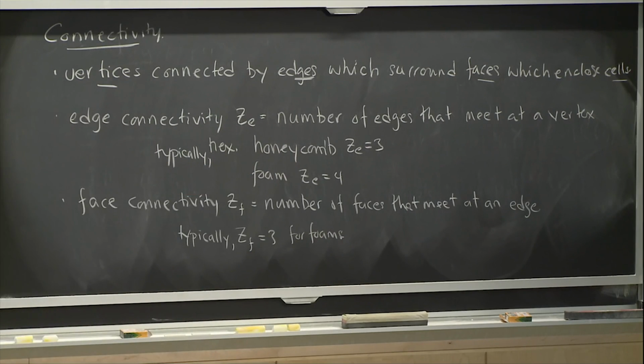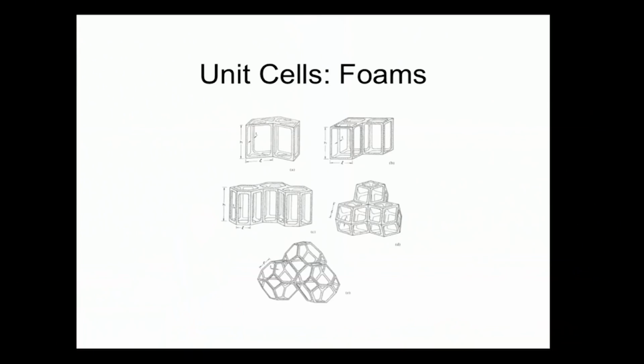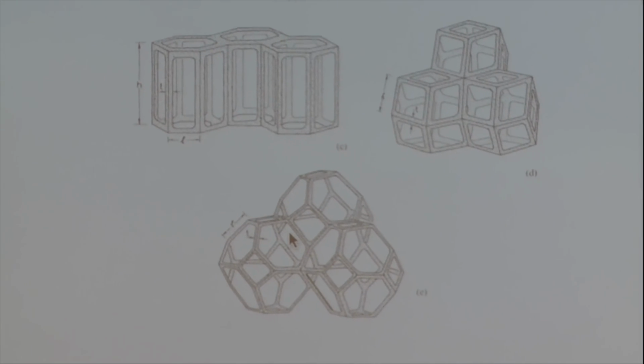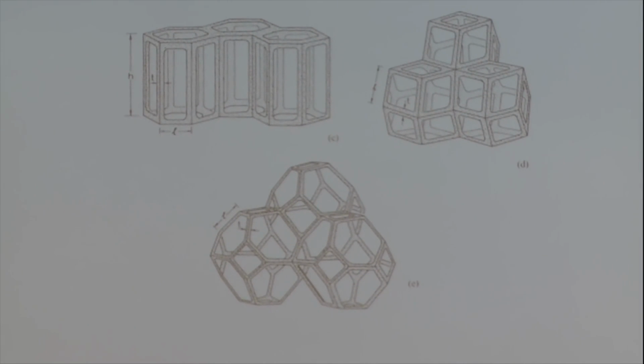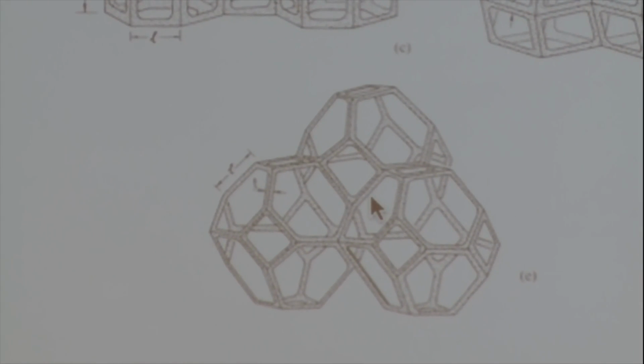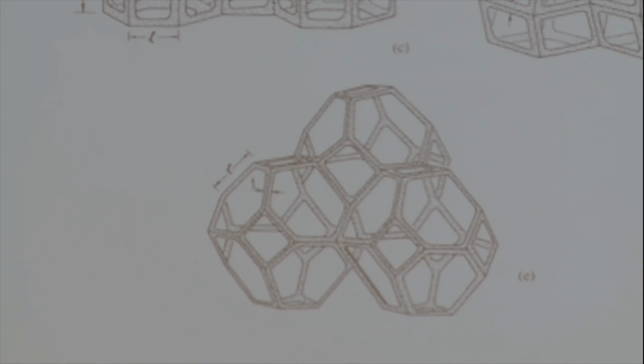Again, if you look at these pictures, you can sort of see how the face connectivity is 3. If you look at this bottom one here, there are faces here, and then there's another face. It's kind of hard to show. If you look at this one here, there's this cell, there's that face there, and then there's another one coming out of the page, I think. Okay, so that's connectivity.